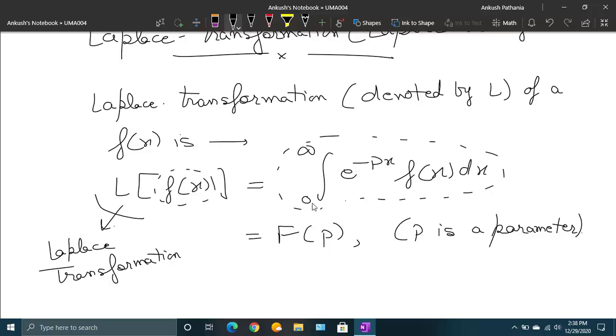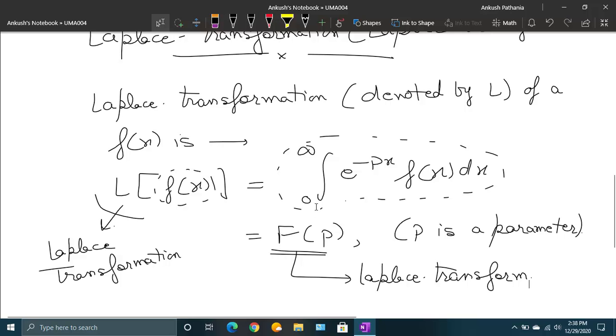Whatever you get after solving this integral, provided this integral exists, you get F(p), and this is your Laplace transform. After applying the transformation, whatever you get in terms of p, a parameter, a real number, we call it the Laplace transform.